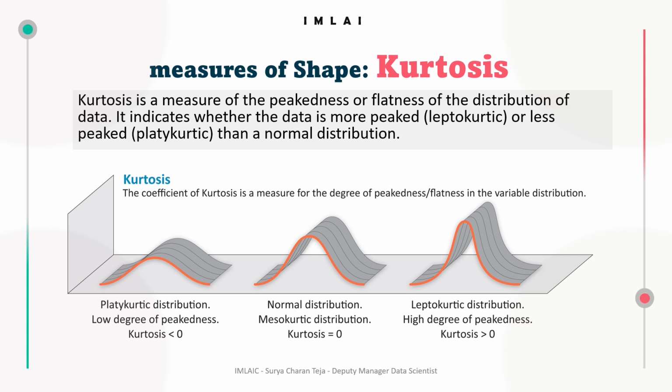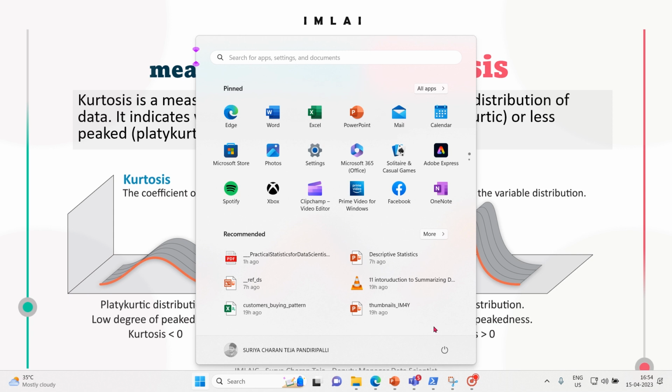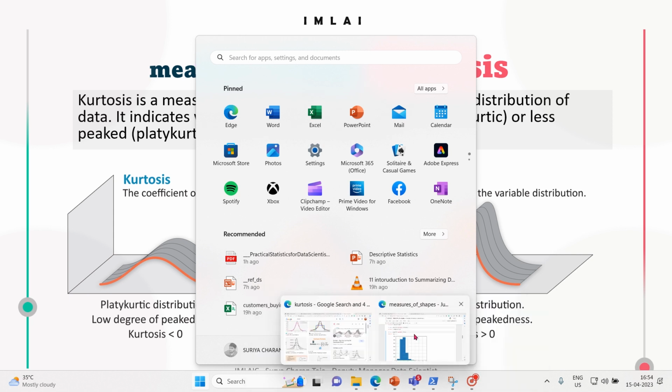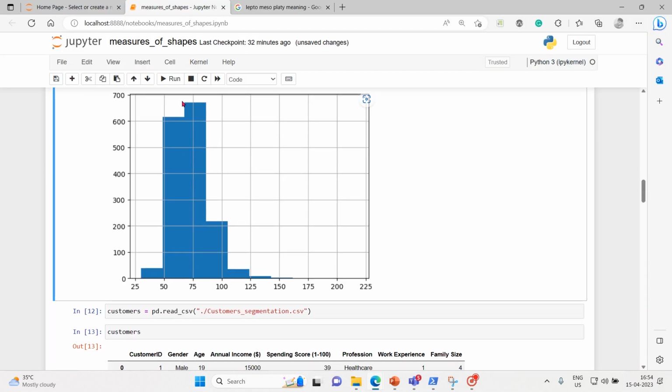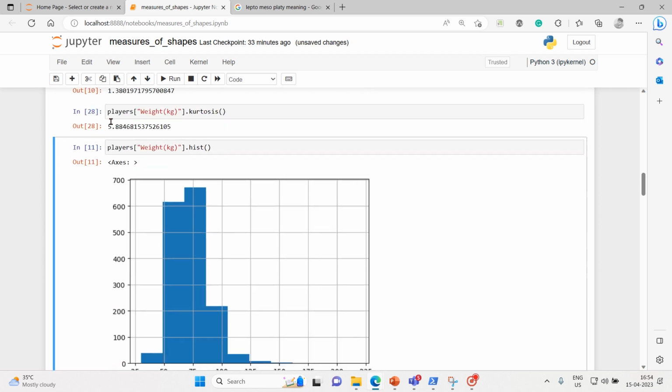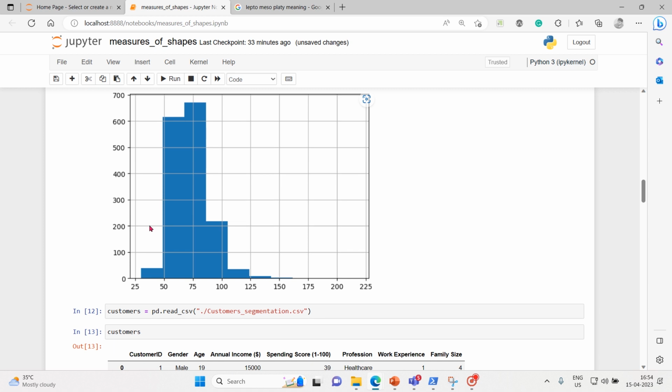So if it is greater than 0, it's a leptokurtic distribution. A high degree of peakedness. You see that the peak is too high, too big a peak. So 5.8 literally tells the degree of peakedness.